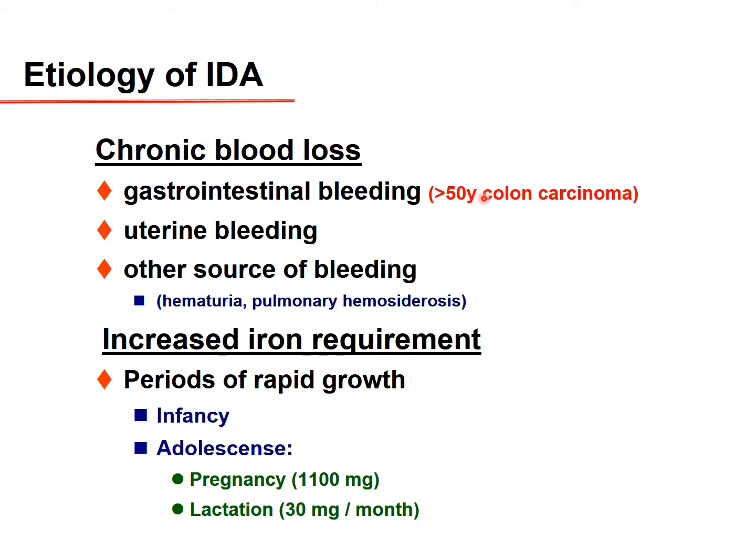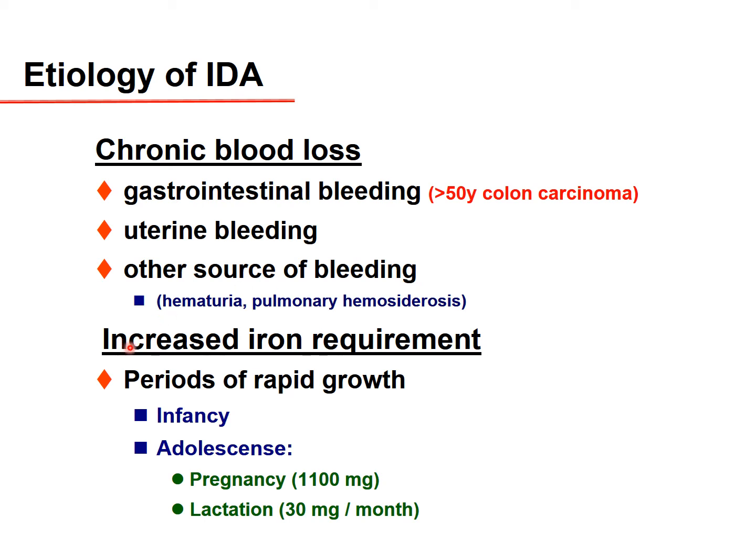They do have a colon carcinoma, and they do have a very small amount of blood lost every day, and that can lead to iron deficiency. Now, uterine bleeding or hematuria, pulmonary hemosiderosis again can cause iron deficiency anemia in the long term.